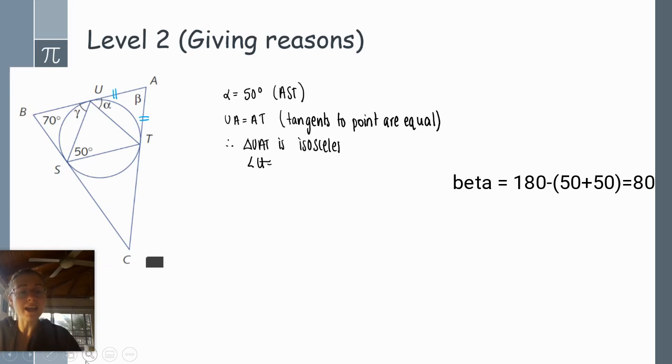And if I know the base angles are both 50 degrees, then I can find my angle A at the top. So beta, where angle A is, would be equal to 180 minus 50 plus 50.